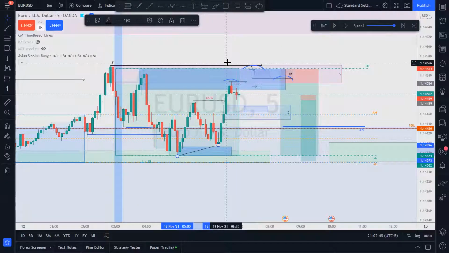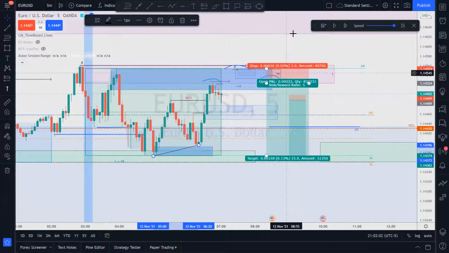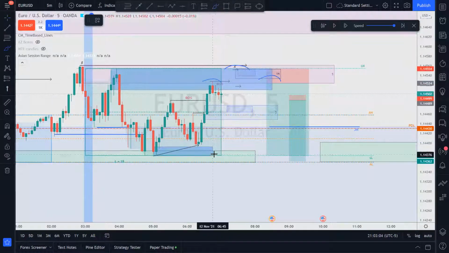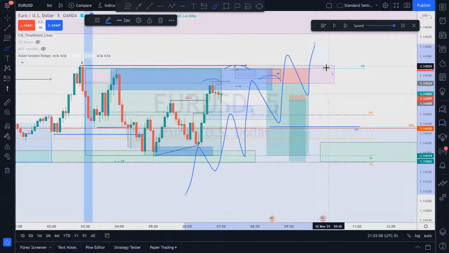It goes from internal liquidity, looks for external liquidity, and external liquidity looks for internal liquidity. All right, it'll turn inside. It'll create these highs and lows, right? And everything inside here is internal liquidity.